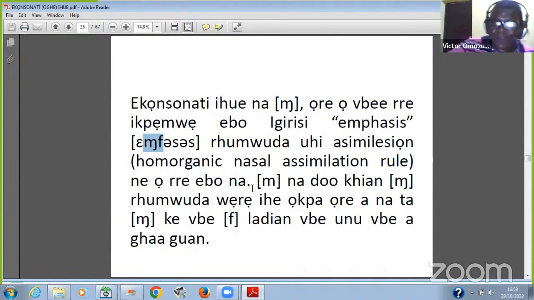Any Edo speaker can pronounce that correctly, because they have the V in their language, and the English people have it in only this particular position. It doesn't exist as a phoneme. It doesn't exist on its own. It is only in this context that you have the V featuring in English.